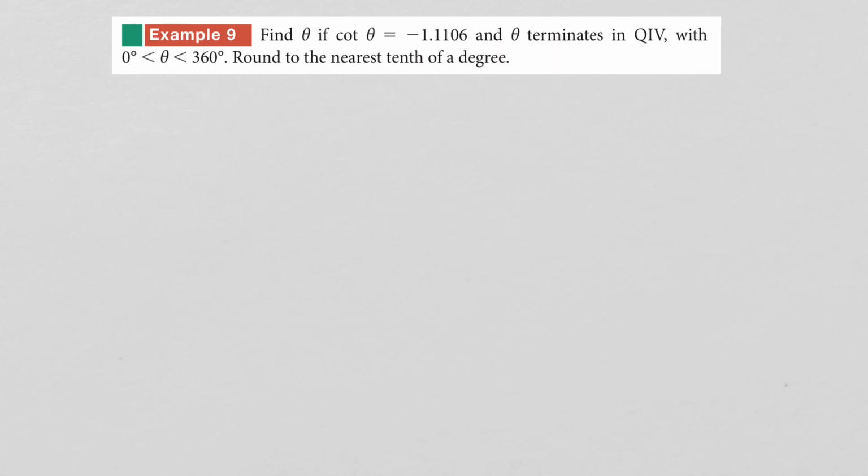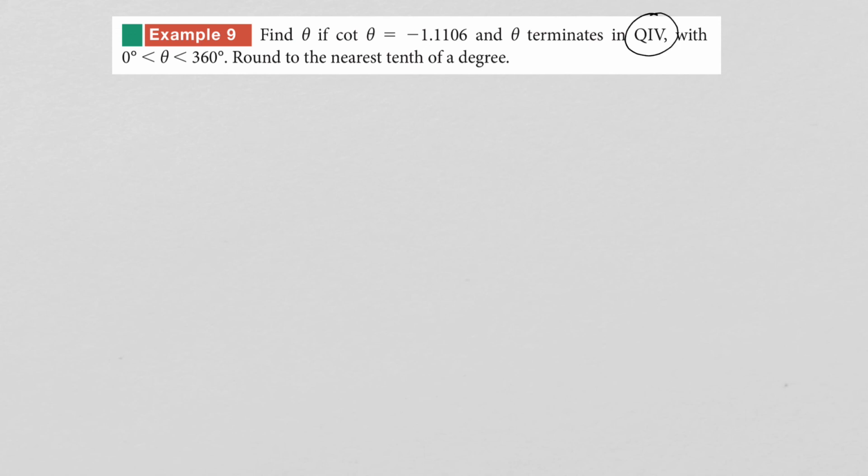Now for our last two problems, we're going to do the same thing, but we're going to look at the other trig functions, like cotangent, for example. So in this problem, we're told that theta terminates in the fourth quadrant. Theta is an angle between 0 and 360. And the cotangent of theta is negative 1.1106. Round our answer for theta to the nearest tenth of a degree.